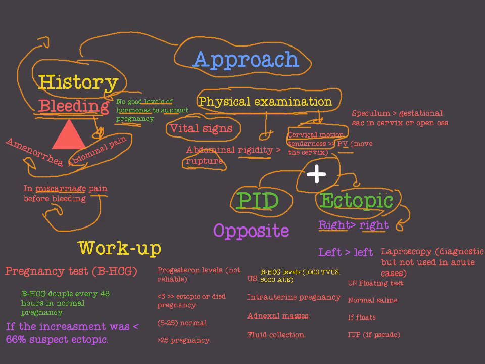If you move to the left and the patient has pain in the left side, then it is a positive cervical motion test for ectopic pregnancy. In pelvic inflammatory disease, we have the opposite case: you move your finger to the right side and the patient has pain in her left side. So this is about cervical motion tenderness.